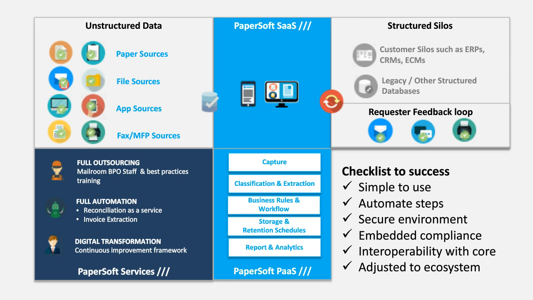The first one is full outsourcing. So we have adequate staff that is trained with the best practices in the market, including GDPR, that wraps up the paper initiatives and will help you outsource this risk without handing it directly to the tasks that your employees do.